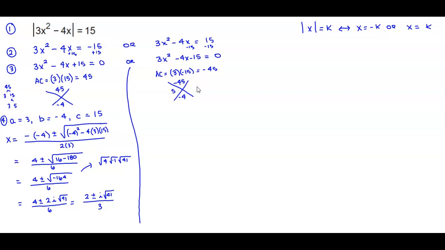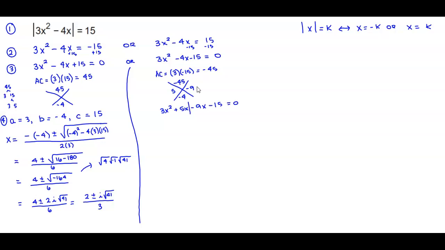Well, it's going to be positive 5 and negative 9. So therefore, we end up with 3x squared plus 5x minus 9x minus 15, which is equal to 0.